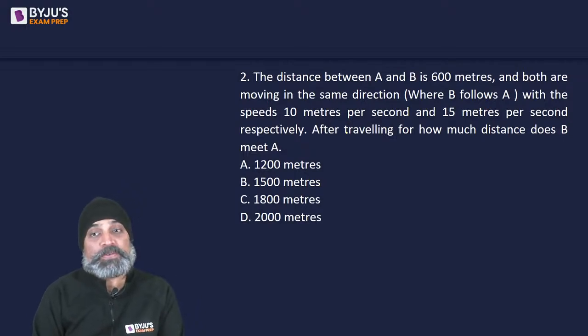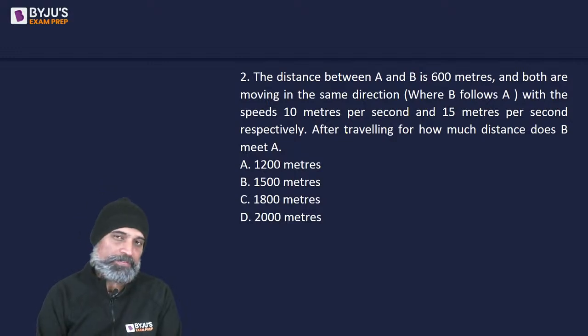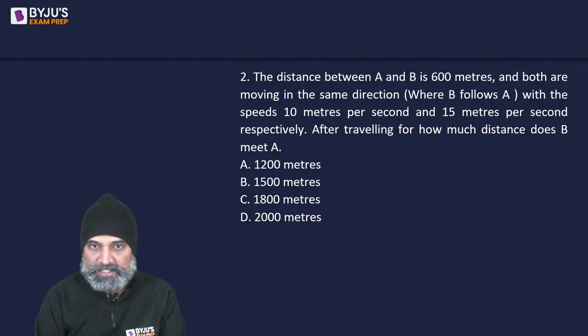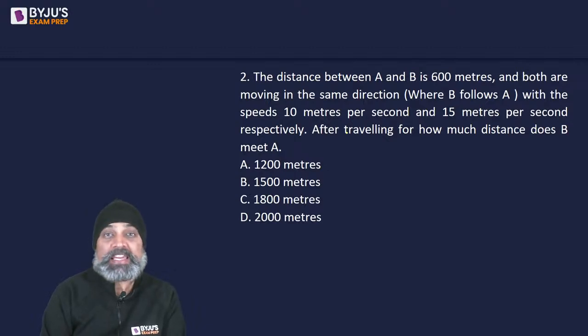Next one is, the distance between A and B is 600 meters, and both are moving in the same direction where B follows A, exactly the same thing that we have just done, with the speeds 10 meters per second and 15 meters per second respectively. After traveling how much distance does B meet A? So we need to find out how much distance B had to cover.